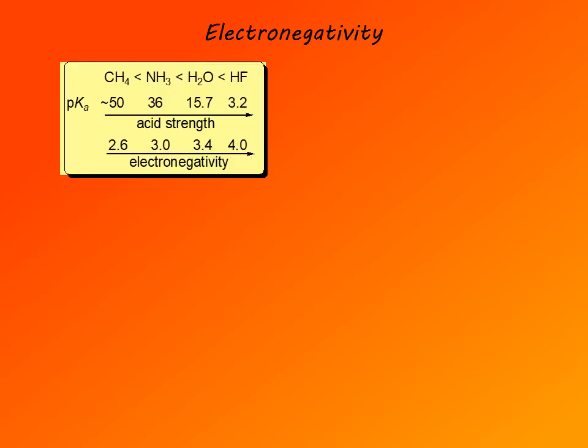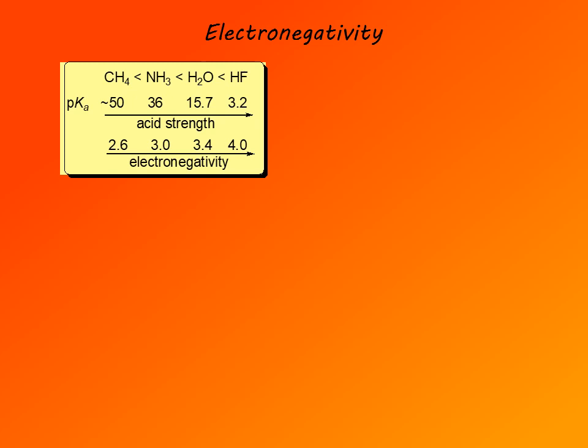So this effect is best examined on the example of atoms in the same period, or same row, of the periodic table. So we should examine hydrides of atoms of the same period, and those would be hydrides of carbon, nitrogen, oxygen, and fluorine.